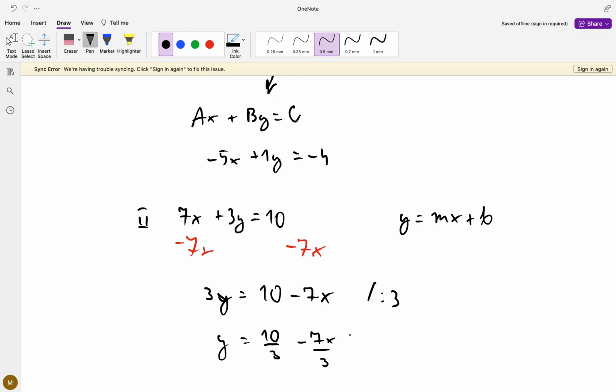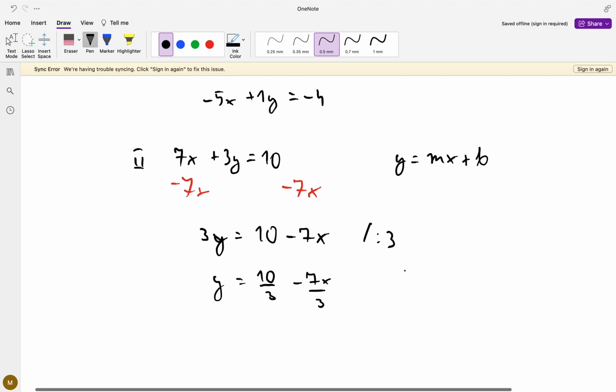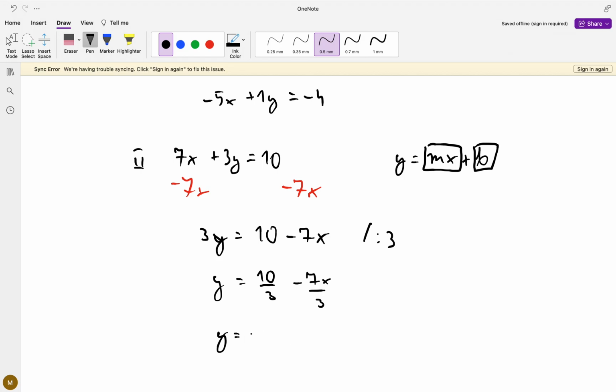Now we are technically done, but the correct way to write an equation of a line is with the slope and x first and the y-intercept second. Right now we have that in reverse order. So let's just swap places.